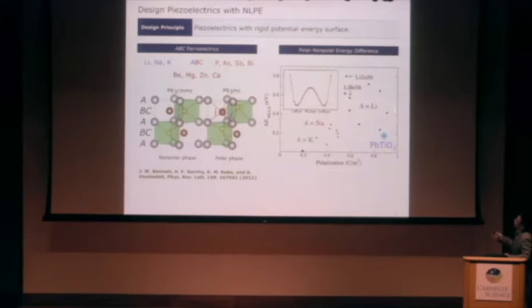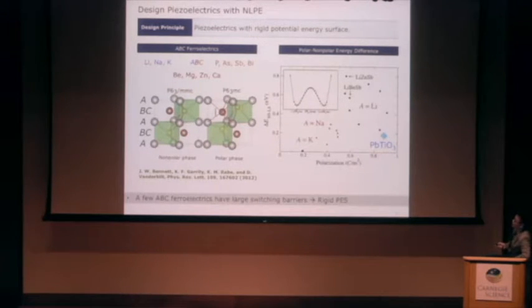They have very large switching barriers. Particularly for those compounds containing lithium atoms, and lead titanate, the barrier height is roughly around 0.2 electron volt per formula unit. So clearly, these ABC ferroelectrics are much more rigid than lead titanate. I think they are very good candidates to start with.